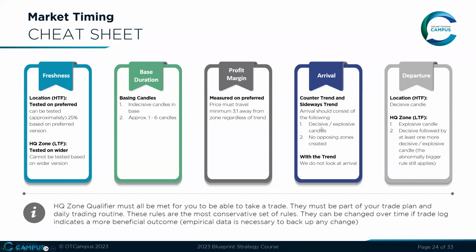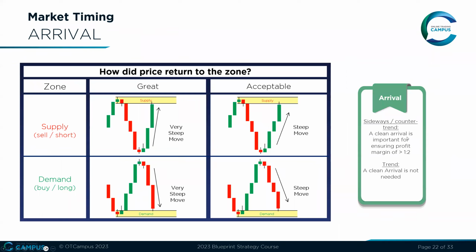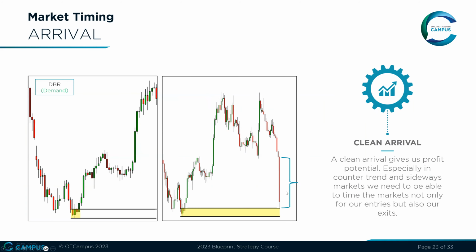Here. Decisive explosive candles, no opposing zones created. And a clean arrival is important for ensuring a profit margin of bigger than 1 to 2, right? So there needs to be at least a profit margin of bigger than 1 to 2.